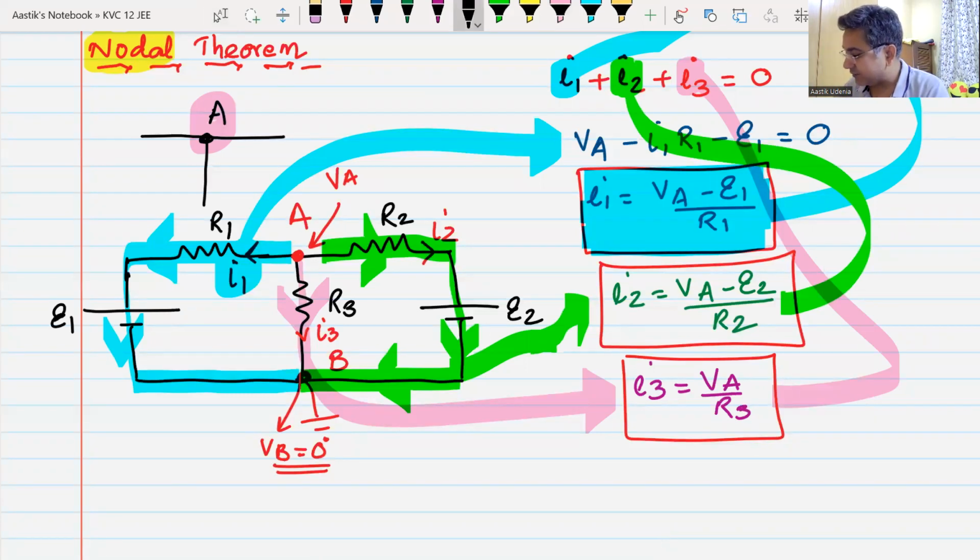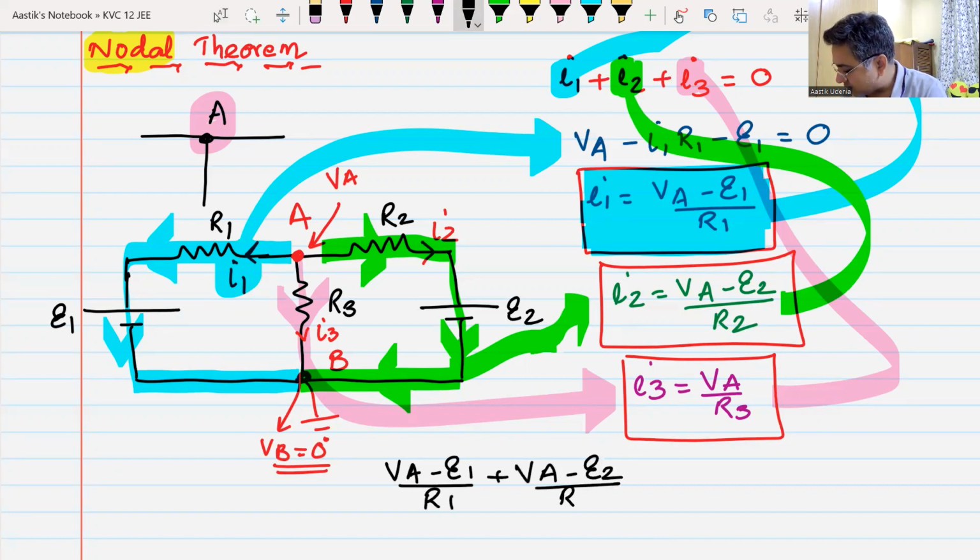How do I get the value of VA? VA minus E1 divided by R1, that is your I1. For that, I don't have to write any equation. I just look at the diagram and say, okay, VA minus this divided by this, plus the value of I2, VA minus E2 divided by R2, plus VA, there is no E3 here, so VA divided by R3, becomes equal to 0.